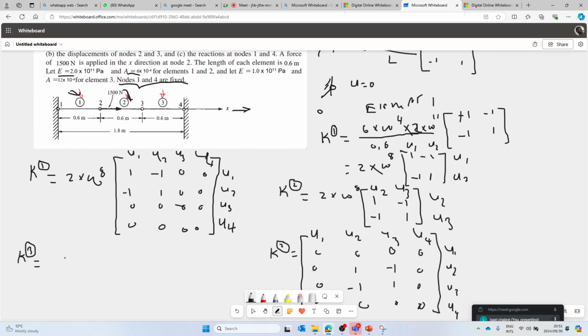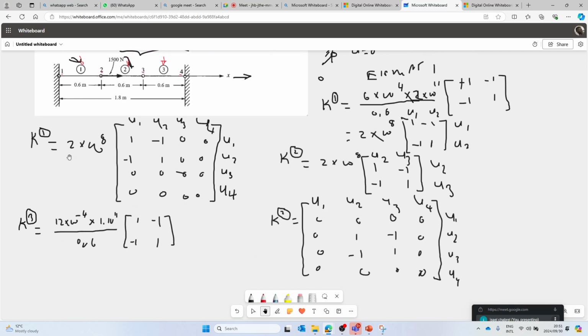The area here is 12 times 10 to the minus 4. What is E? E is 1 times 10 to the 11. What is L? 0.6. Yet again, we do have 1, minus 1, minus 1, and 1. Guys, do you know the reason why we leave this thing outside like this?